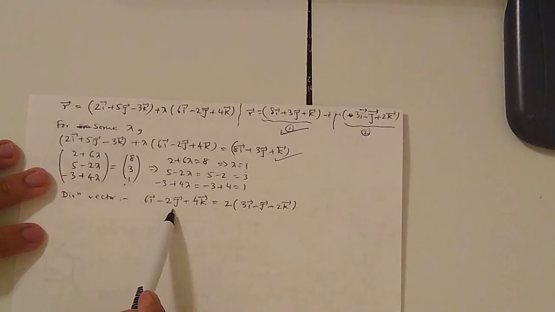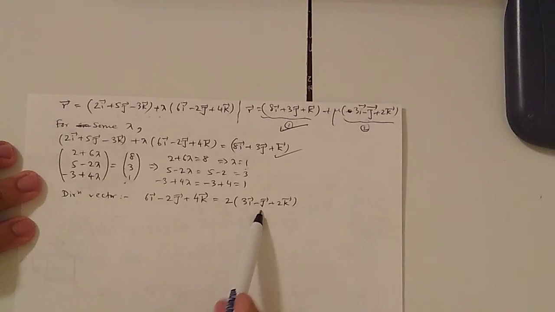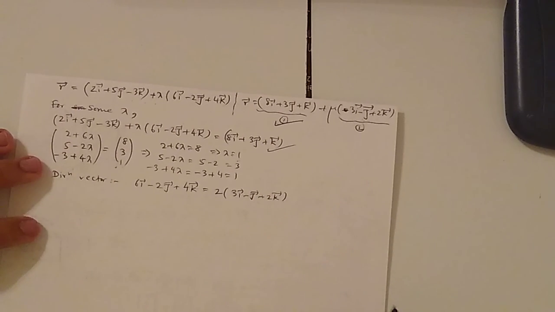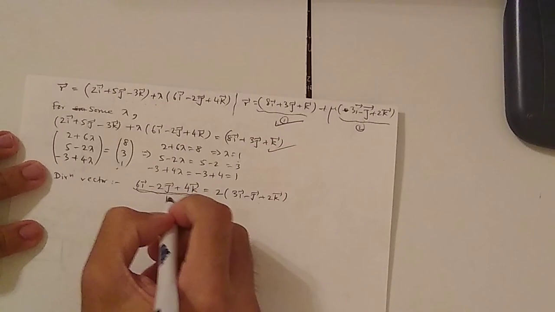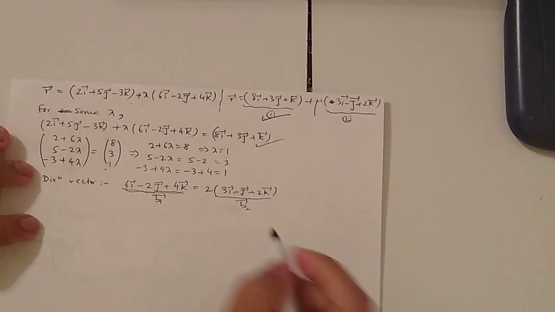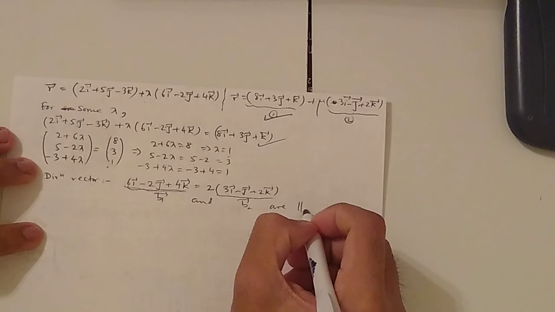So since 6i minus 2j plus 4k, that is the first direction vector, is equal to 2 times 3i minus j plus 2k, these two vectors are parallel to each other. So let's call this vector b1 and this vector b2. So b1 and b2 are parallel to each other.